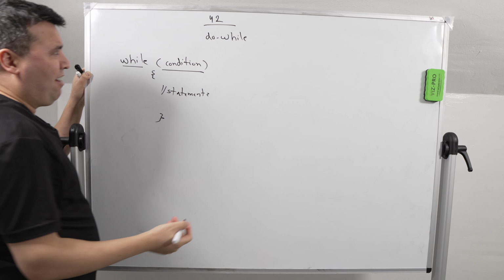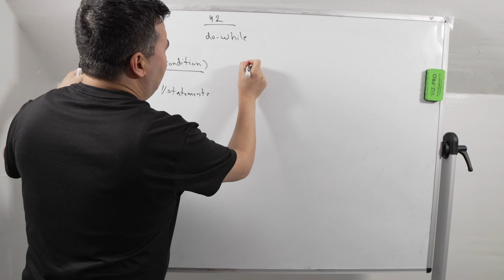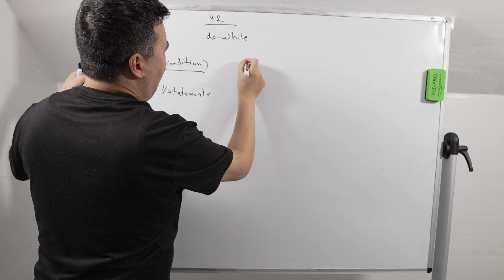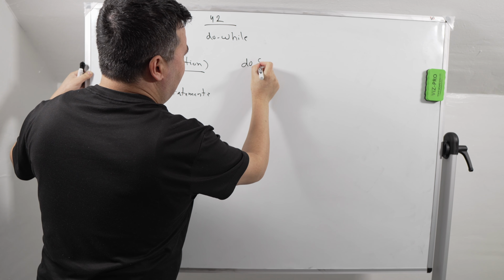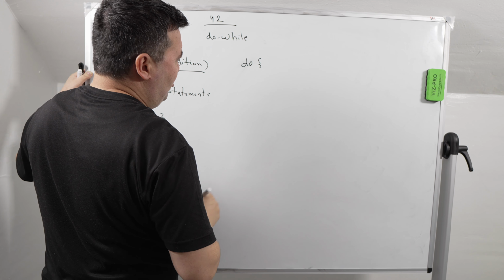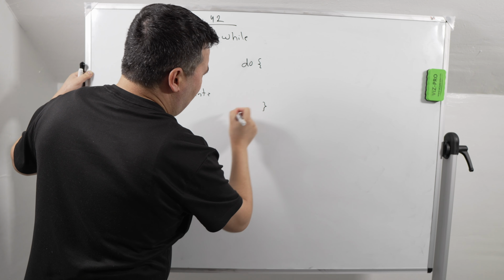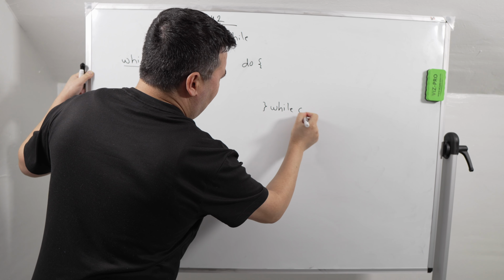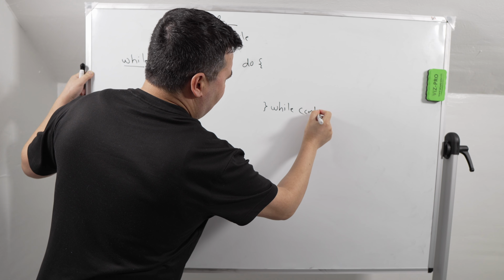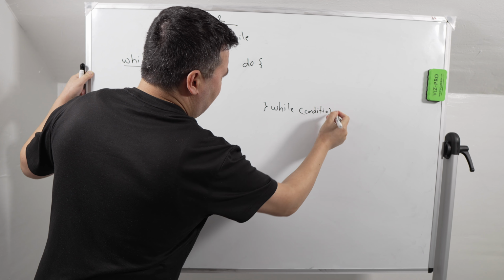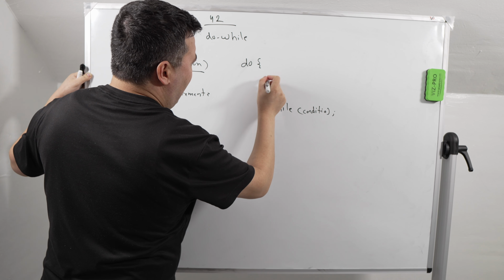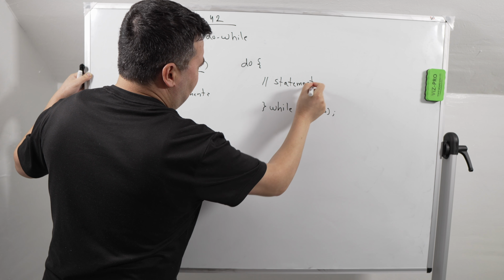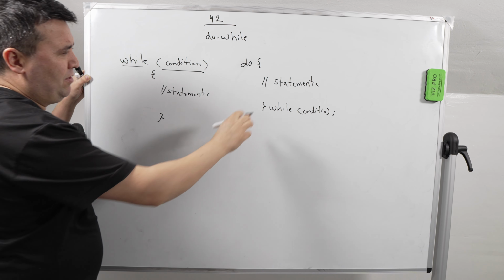But let's see how we can write the do-while loop. The do-while loop syntax is: first we have do, then we open the block, and then we close the block, and at the end we have our condition and a semicolon. Inside the block we write the statements, the code which we should repeat.